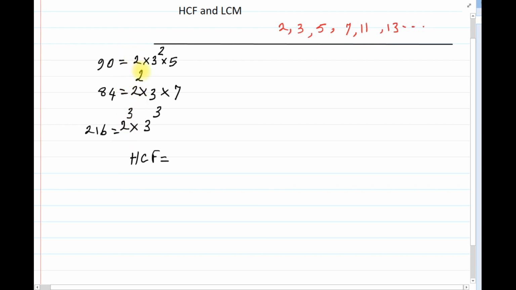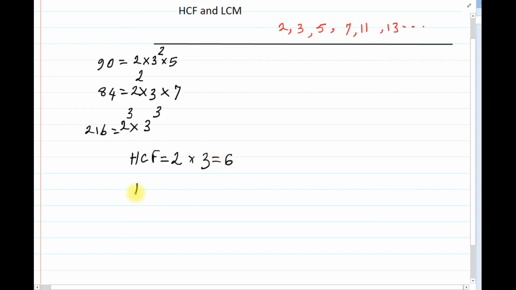We take the one with the lowest index, which is 2. The next common factor is 3, common between them all, but the lowest has an index of 1, so 2 times 3, and there are no other common factors.